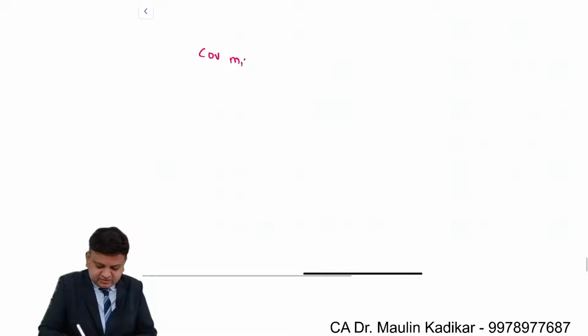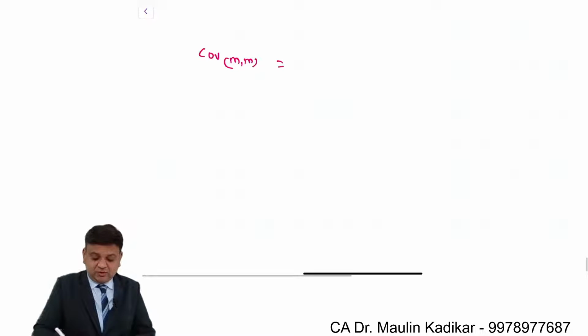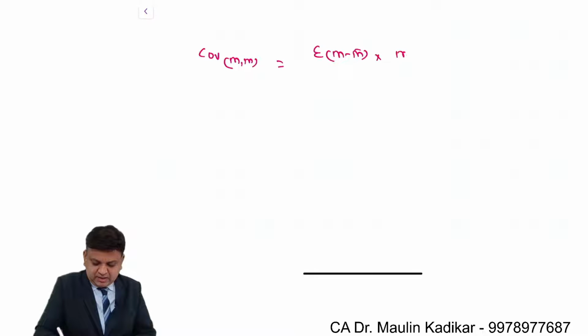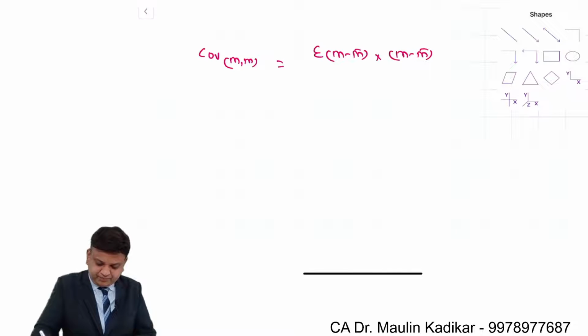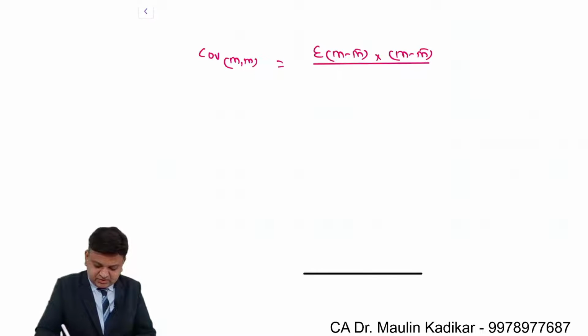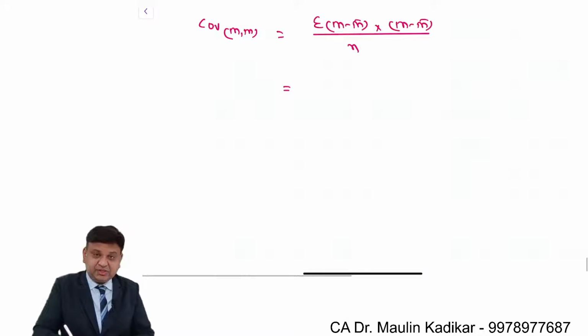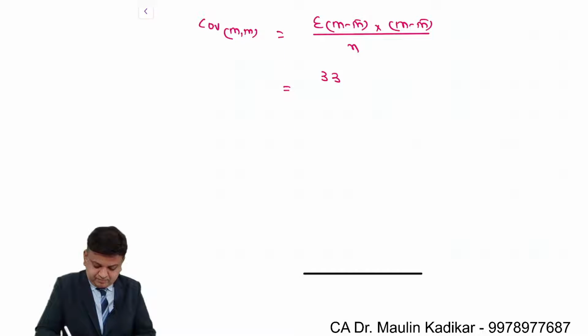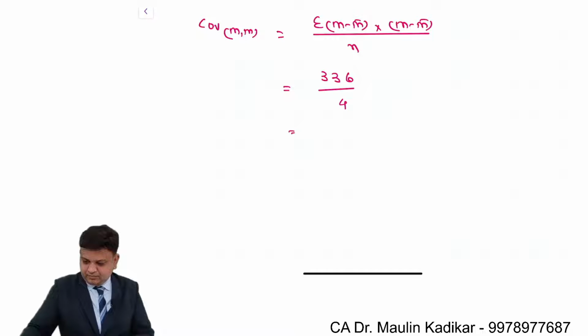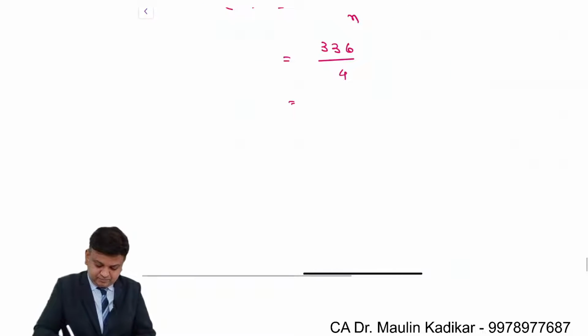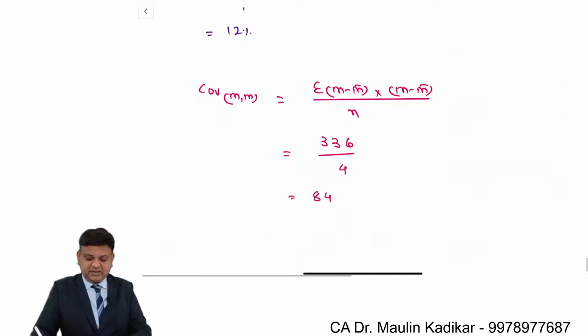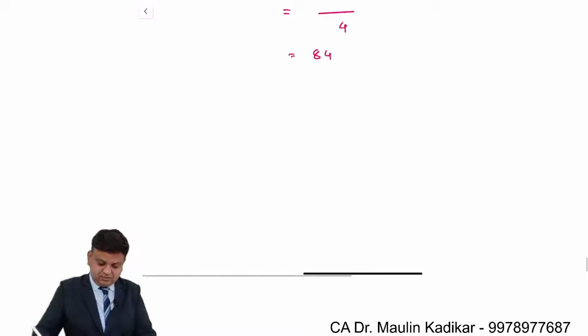Covariance of market with market is equal to summation M minus M bar into M minus M bar divided by number of years. So what is the summation? Summation is 336 divided by 4. That comes to 84. This is the way the covariance is calculated.